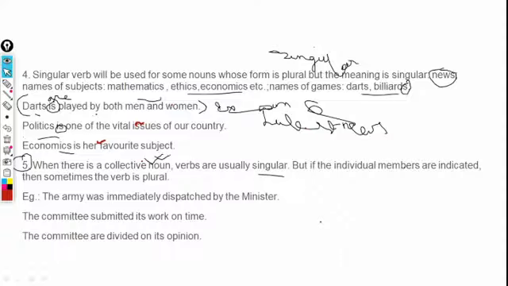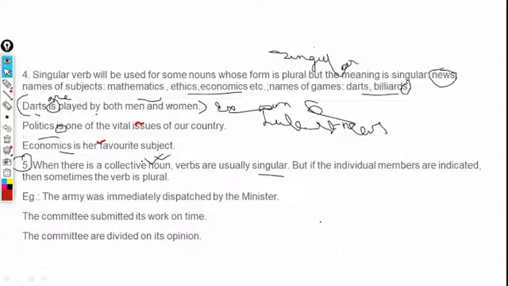But that is why that meaning is singular, and the verbs are also confusing over there, but once you understand there won't be any confusion. So collective nouns usually have a singular verb only because they denote a single unit.